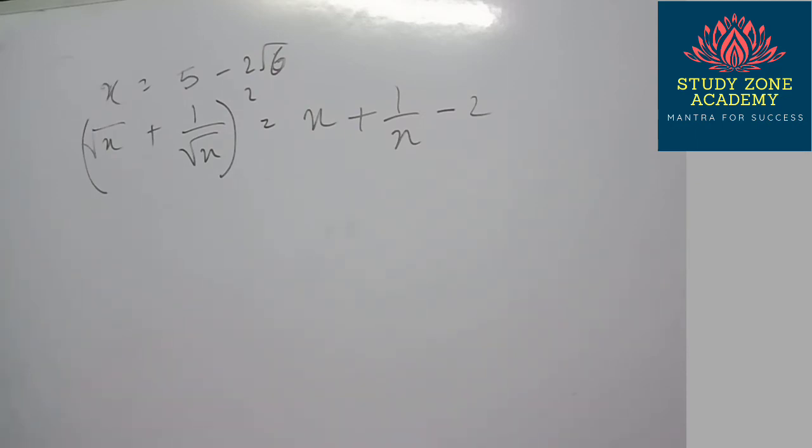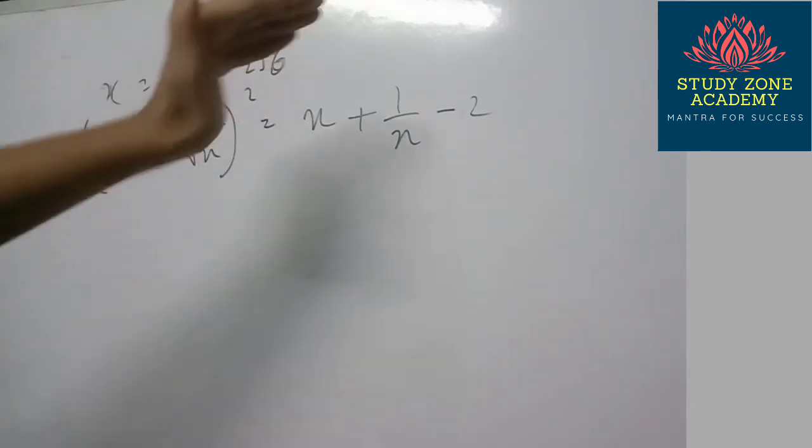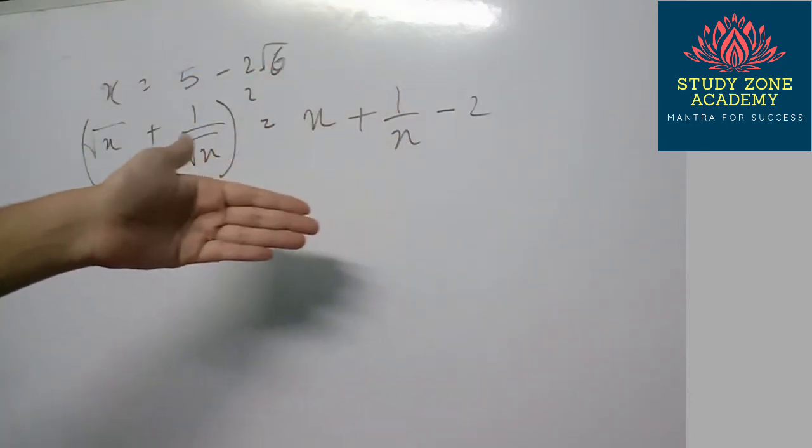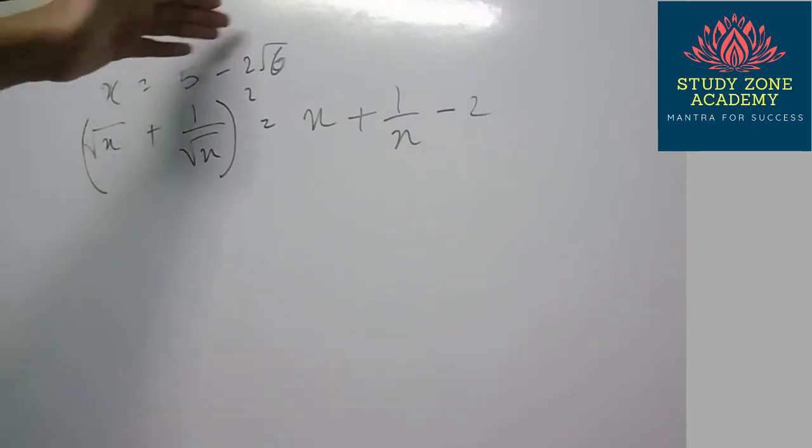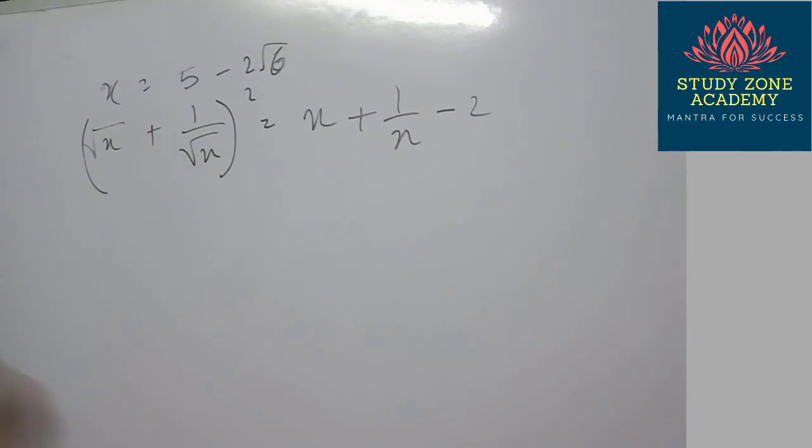Fine. We have the value of x. Now we have here 1 by x. So is it advisable, or is it a good thing to just put it here? No, we need to do something on this part. What? We need to rationalize.